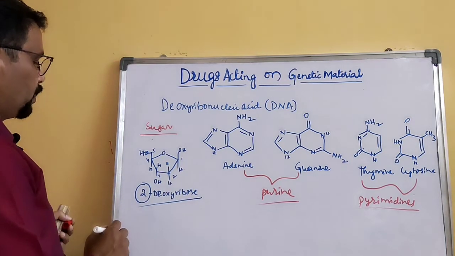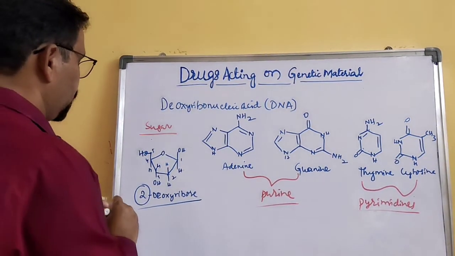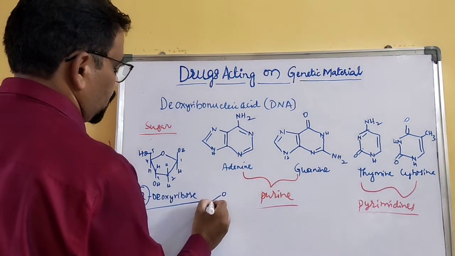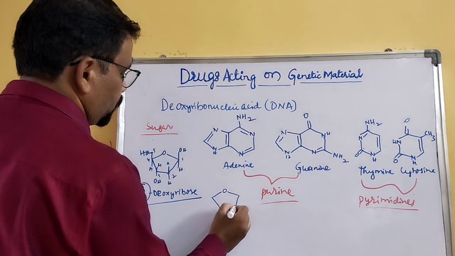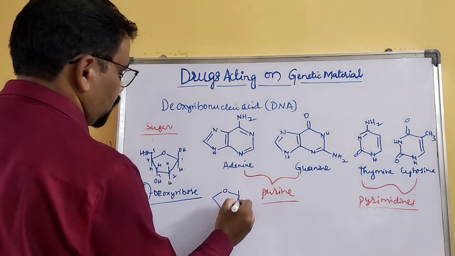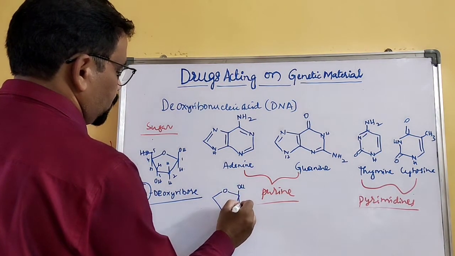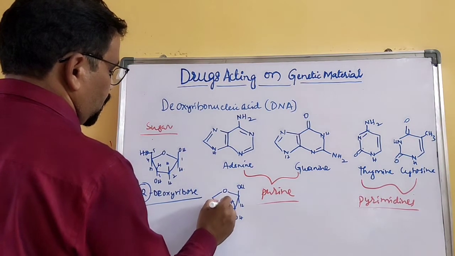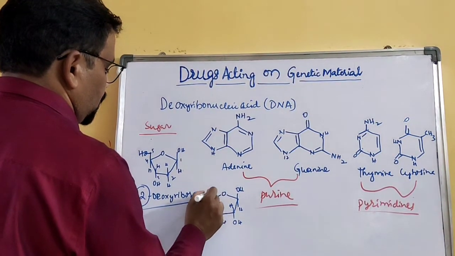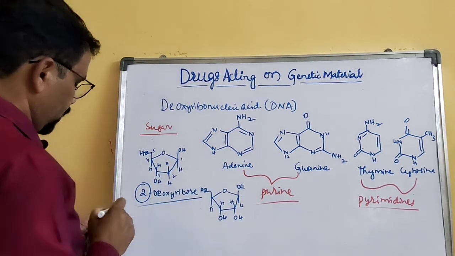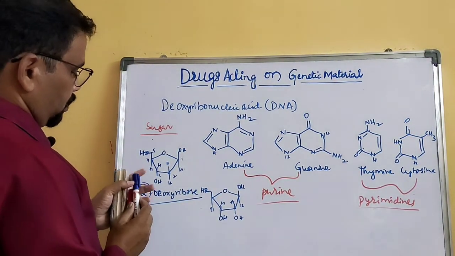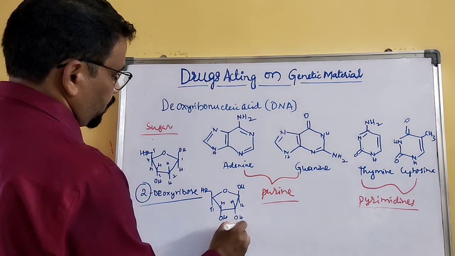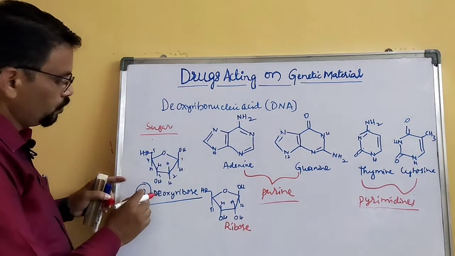What is the ribose structure? The ribose structure is this one. There is a slight difference between ribose and 2-deoxyribose, in the OH and hydrogen. This is the ribose structure, and this is 2-deoxyribose.